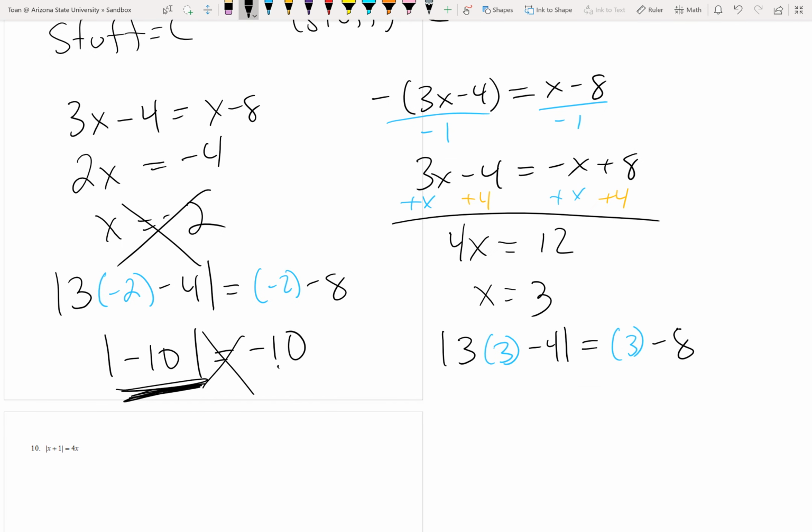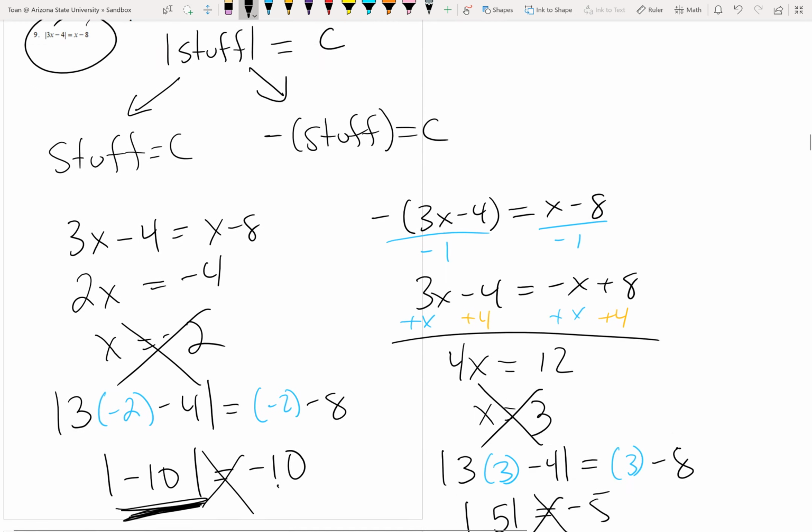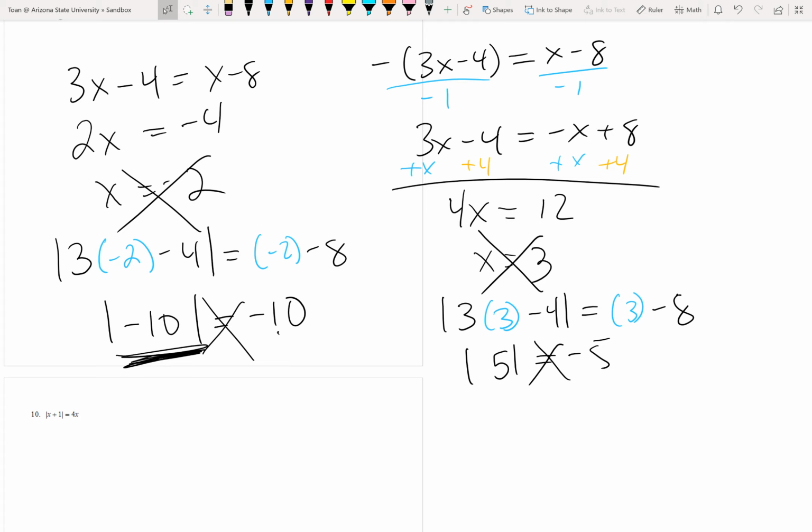Absolute value of 3 times 3 minus 4 is absolute value of 5, and that equals, on the right-hand side, -5, which I know is a false statement. So this one is bad. I've tested all of my possible answers. None of them work. I don't have any other answers to check. So this problem, problem number 9, I ran out of answers to test, is no solution. All right.